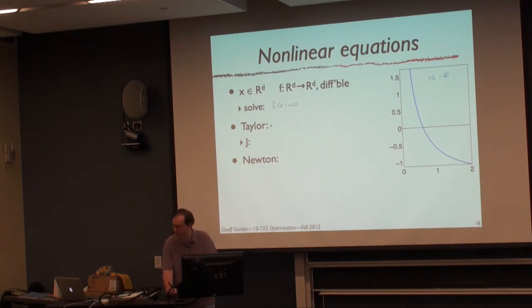So I can Taylor expand f. I can say that f(y) is approximately equal to f(x) plus the Jacobian J(x) times (y minus x), and I'm just going to define that to be f hat of y. J(x) is the Jacobian at x.